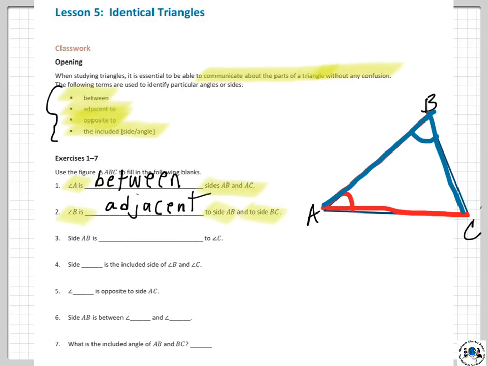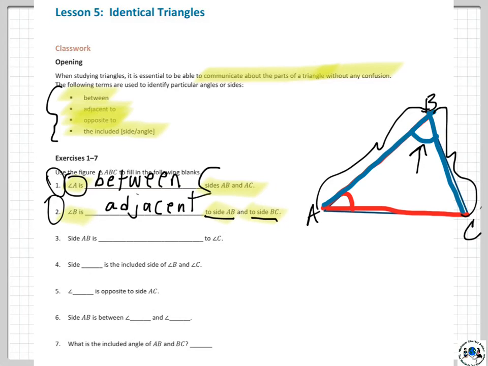It is adjacent to BC, and it is also adjacent to AB. That's how these two terms differ. They sound like at first they should be the same, but angle B is adjacent to both of those, while angle A is between the two at the same time.